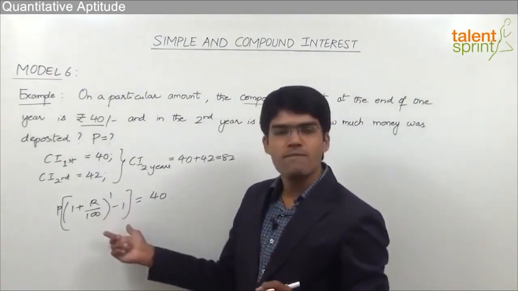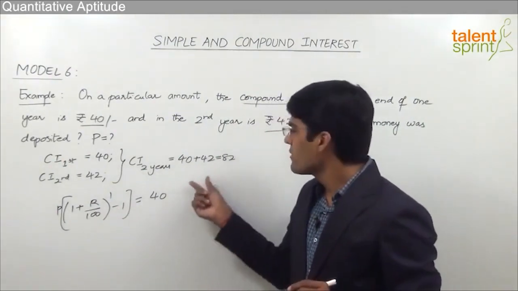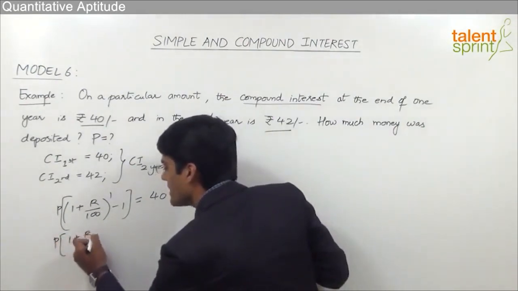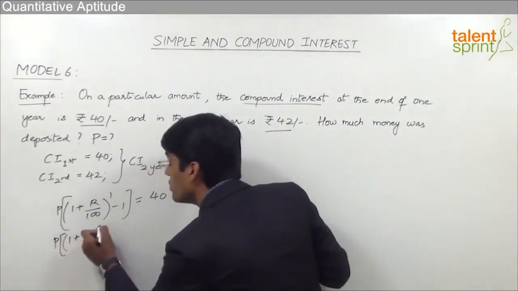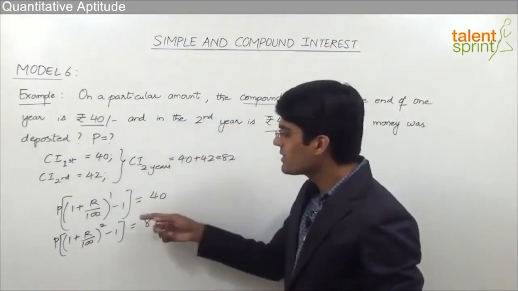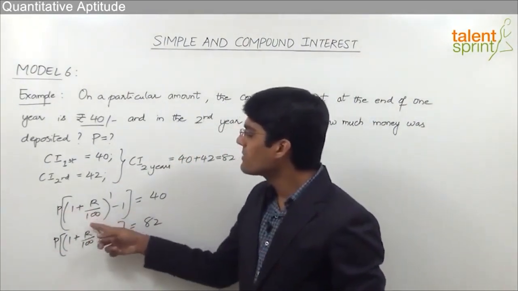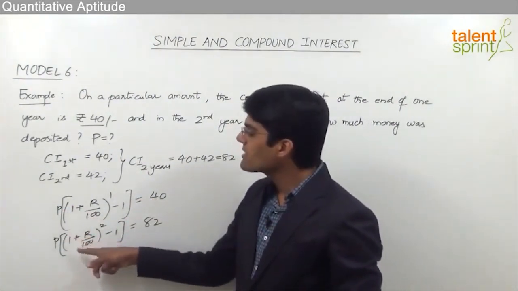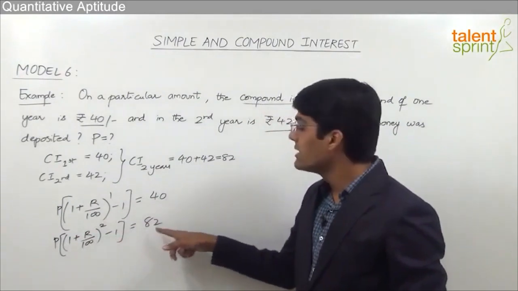Similarly, let us use the same formula for compound interest for 2 years. So we can say that P into (1 plus R by 100) whole power 2 minus 1 would be equal to 82. So these are the two equations that we have. P into (1 plus R by 100) whole power 1 minus 1 is 40, and P into (1 plus R by 100) whole power 2 minus 1 is equal to 82.